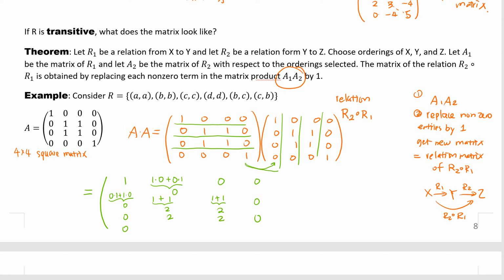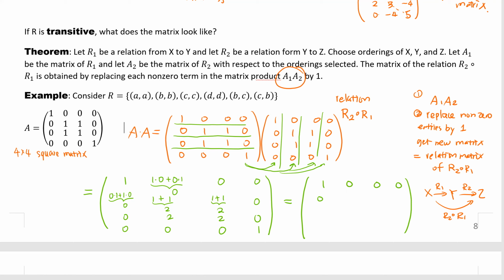So 1 times 0 gives 0, 1 times 0 gets another 0. Look at the last entry: all those 0 times 0 are 0, and then we have 1 times 1 is 1. So our result is 1, 0, 0, 0.